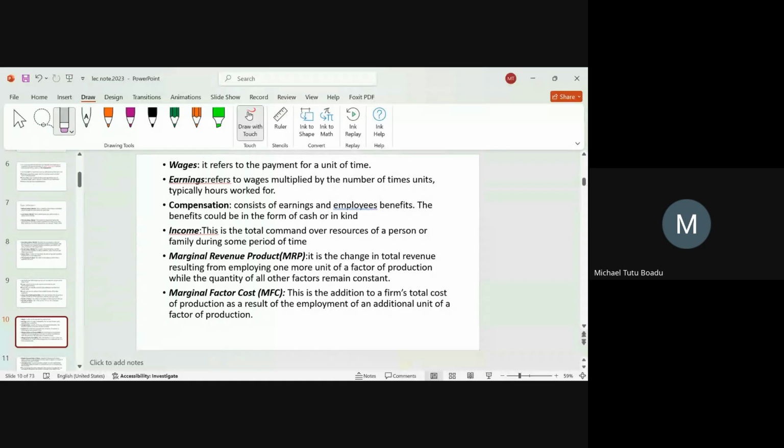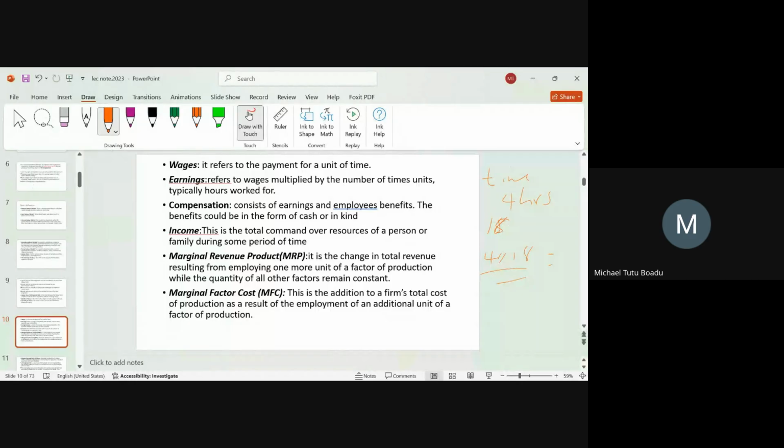Then we have earnings. Earnings are the wages multiplied by the number of time units, typically the hours that you have worked. If I am paid every hour $18 and I have worked for 4 hours, then 4 times $18 is going to be my earnings. So if I multiply, I get my earnings.